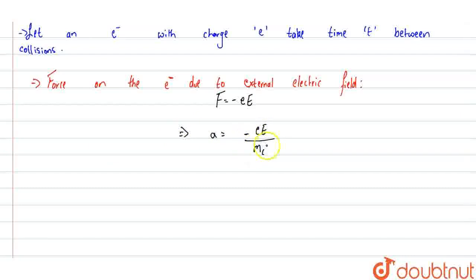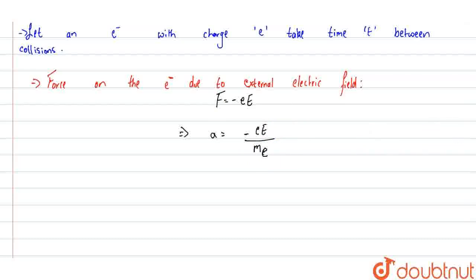We know that force is mass times acceleration. Rearranging that equation, we get acceleration as force by mass, so we are substituting the value of F in a equals F by m, where m e is the mass of the electron.